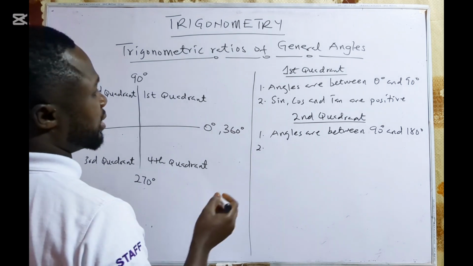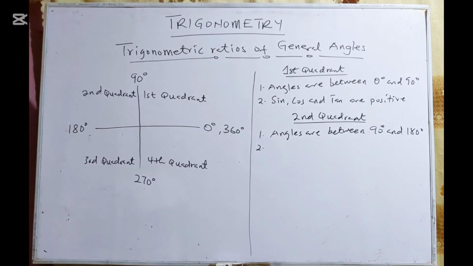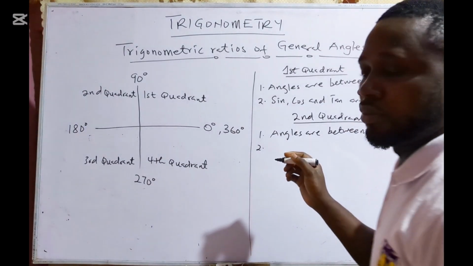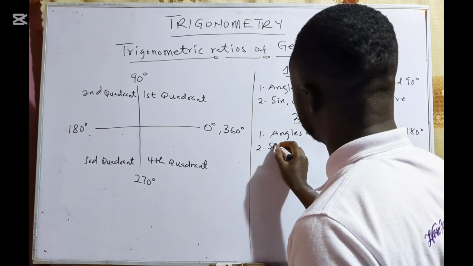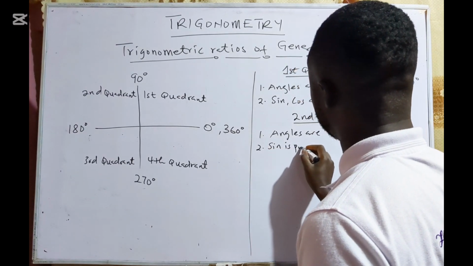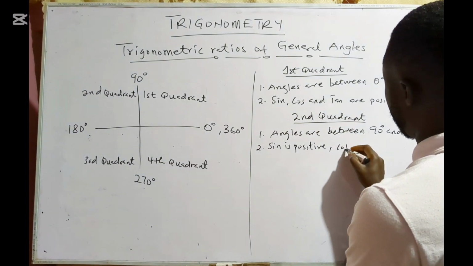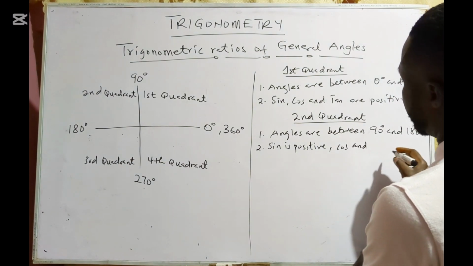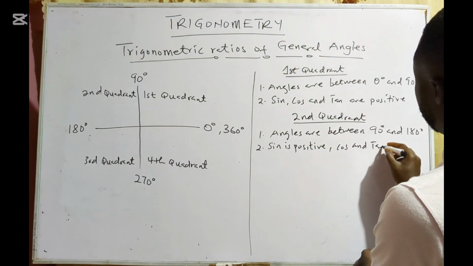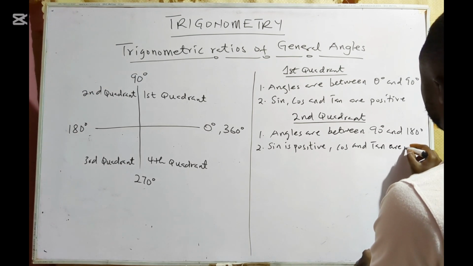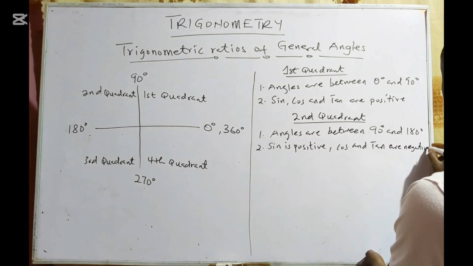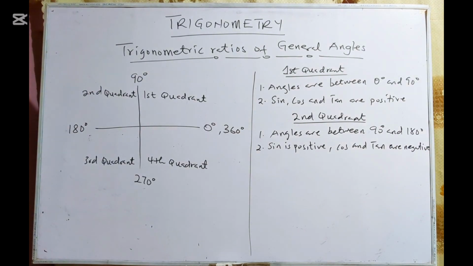In the second quadrant, sine is positive, cos and tan are negative.